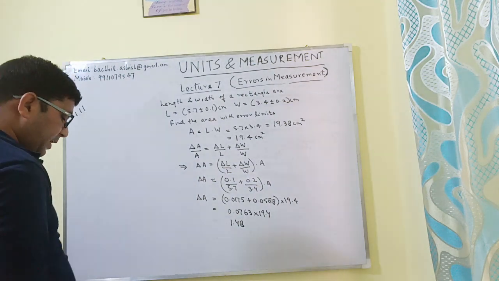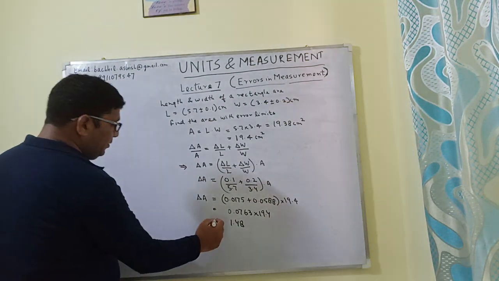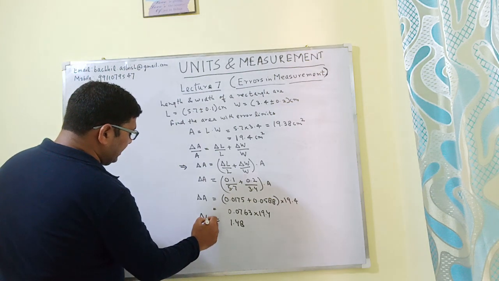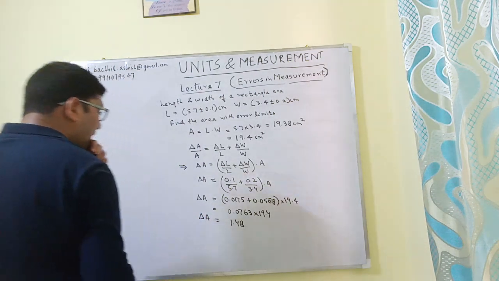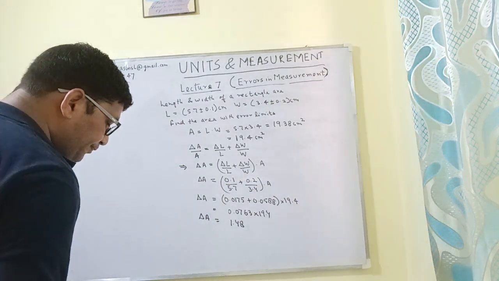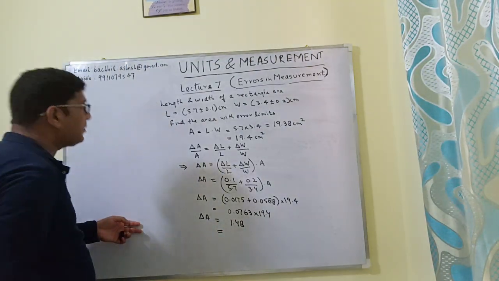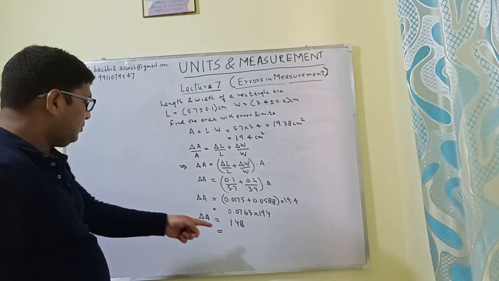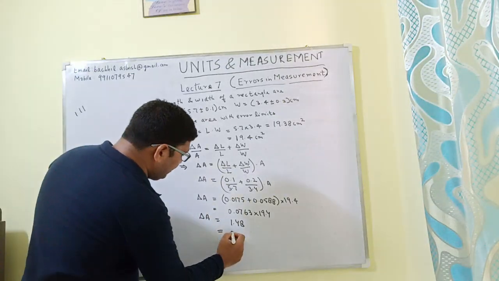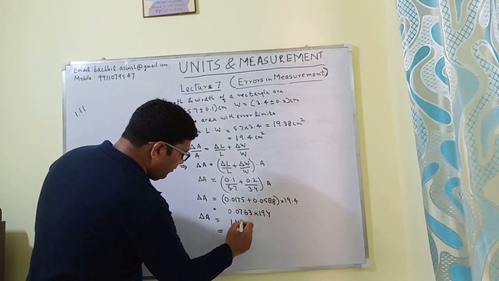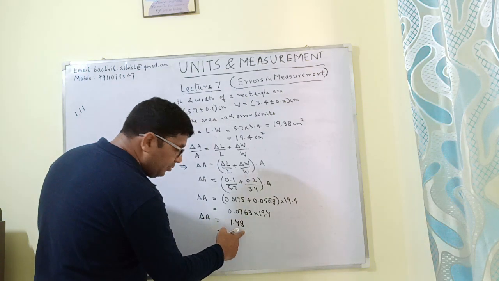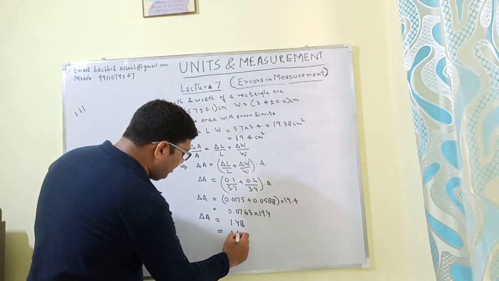So delta A is equal to 1.48, and now here this 1.48 can also be written as, if we remove the 8, it is greater than 5, so it will become 1.5.